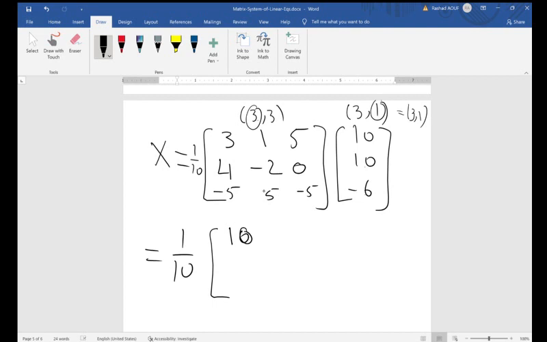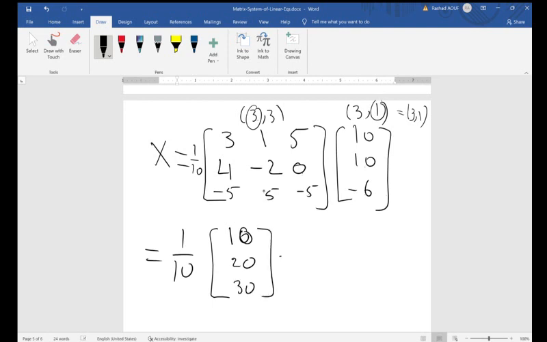The second element is 4 times 10, 40, minus 20 will be 20, 0 times minus 6, 0, 20. The last element, minus 5 times 10, minus 50, plus 50, plus 30 will be 30.